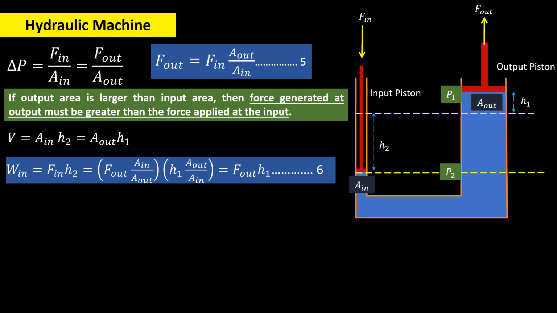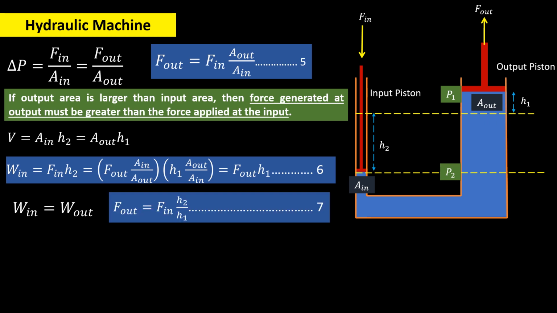Then this means that work done at the input is equal to work done at the output. And this shows that this system obeys the law of conservation of energy. So even if the force generated is greater than the force exerted at the input, still energy is conserved.